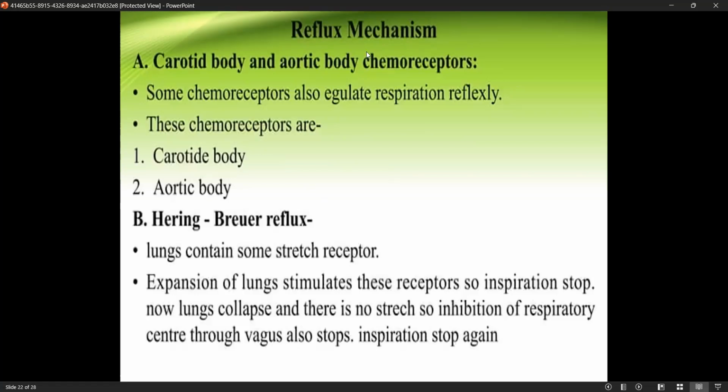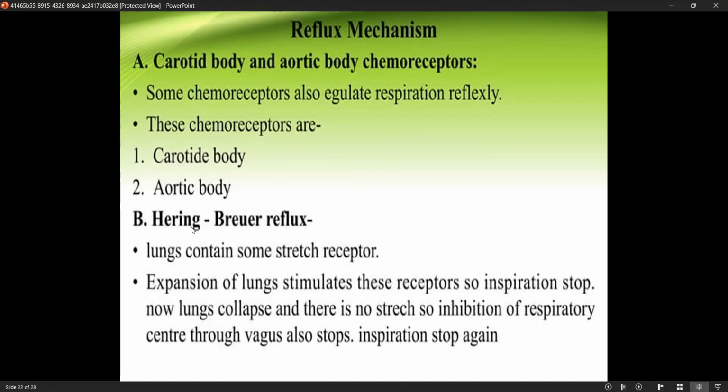So that is also a reflex mechanism going on. Because of the chemoreceptors, here you can see the carotid body and aortic body chemoreceptors. So some chemoreceptors also regulate the respiration reflex. These chemoreceptors are the carotid body and aortic body.